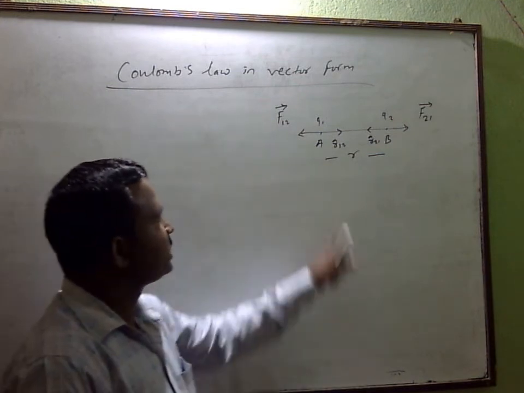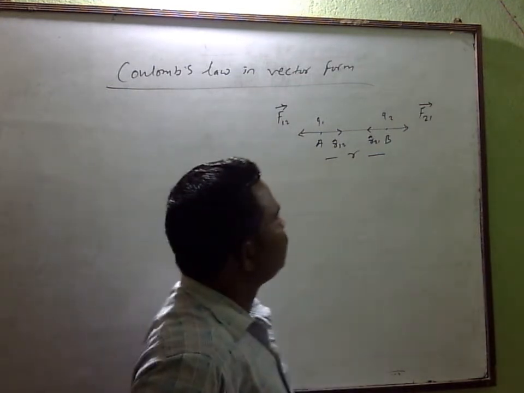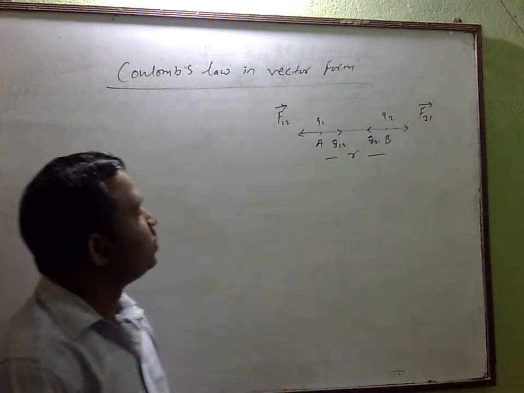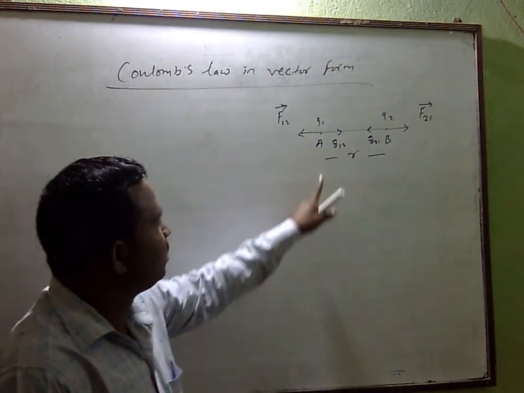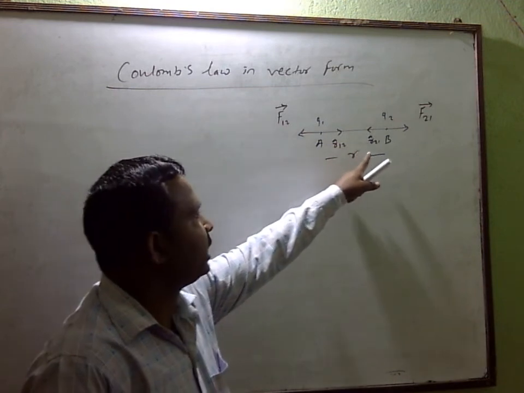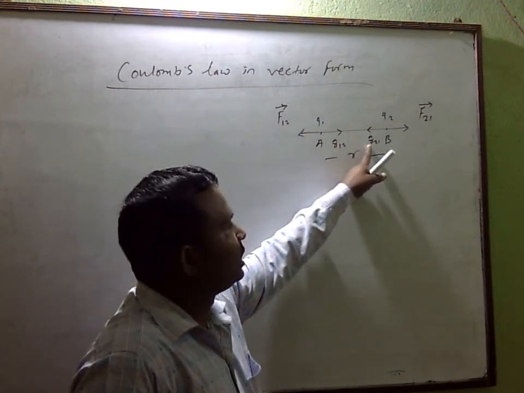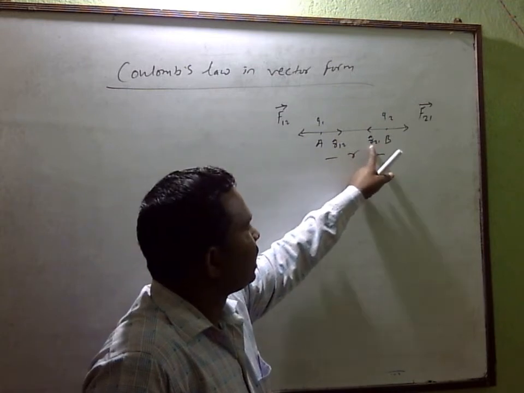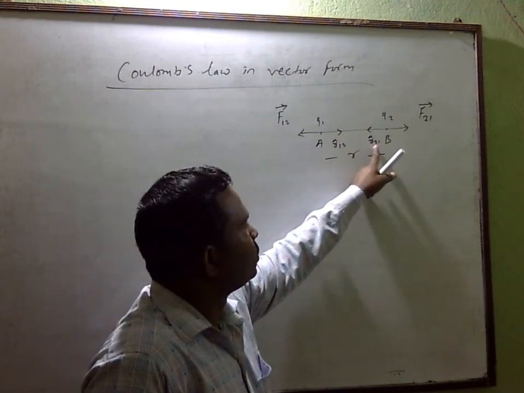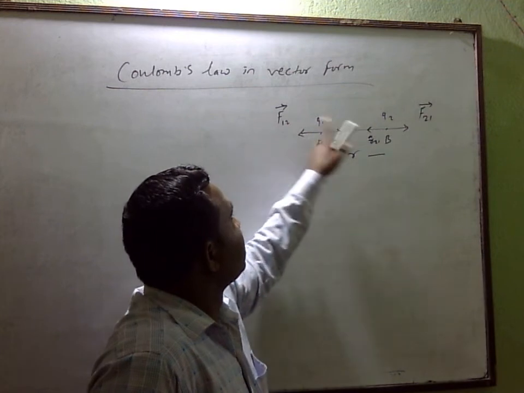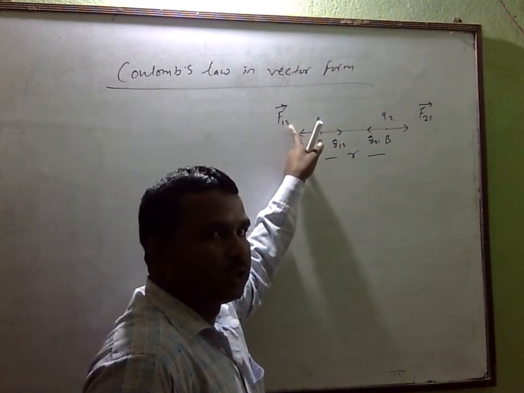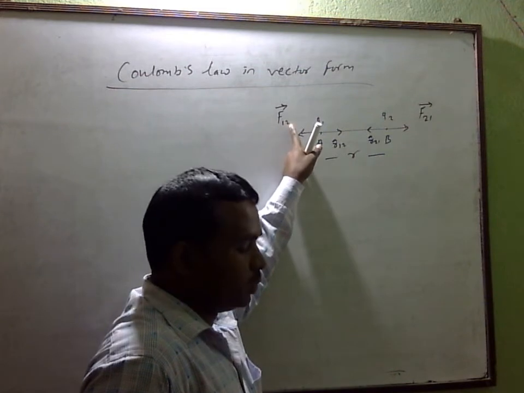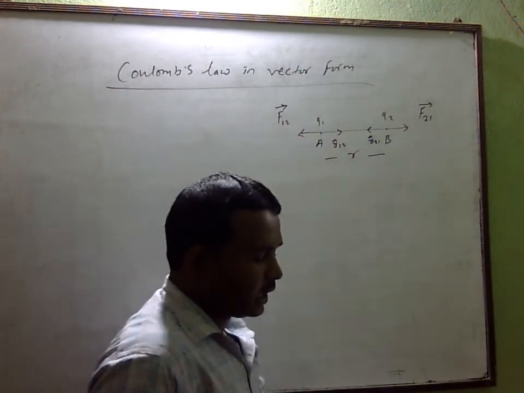But what are cap of r12 and r21? r12 means the unit vector pointing from Q1 to Q2. And the second one, r21, equals the unit vector which represents Q2 to Q1. F12 is the force experienced by Q1 due to Q2. So this we can write.